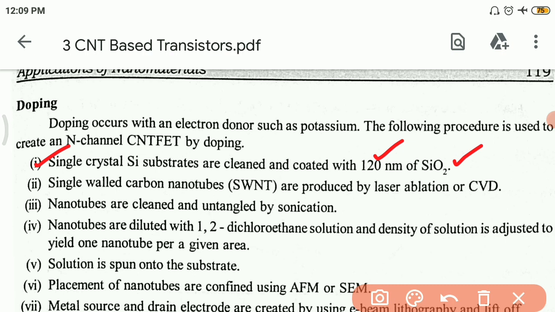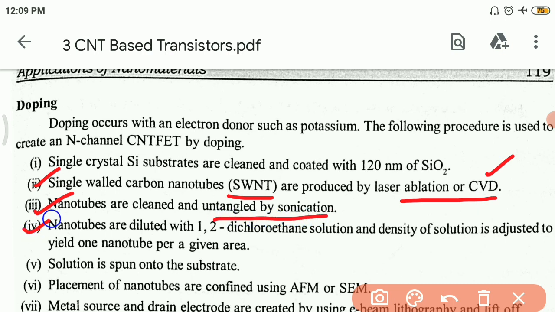Then second point, the single walled carbon nanotubes, that is SWNT, are produced by laser ablation or chemical vapor deposition. Then the nanotubes are cleaned and untangled by a sonication process. Then these are diluted with 1,2-dichloroethane solution having density adjusted to yield 1 nanotube per a given area.